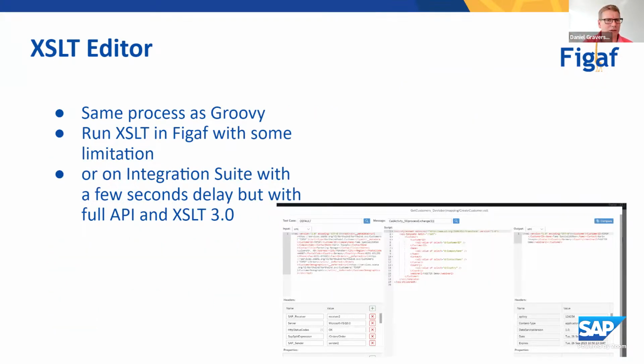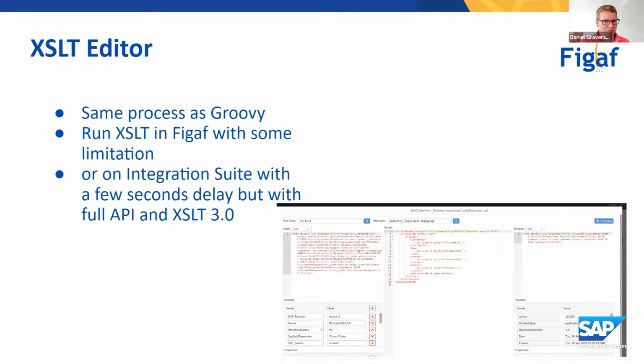Good. We have the same for XSLT, and I think one of the benefits of XSLT is that it is really designed to make it easy to map XML documents. Here, one of the challenges that I often find whenever I use XSLT is I need to run it in a way that corresponds to the real target environment that I have.